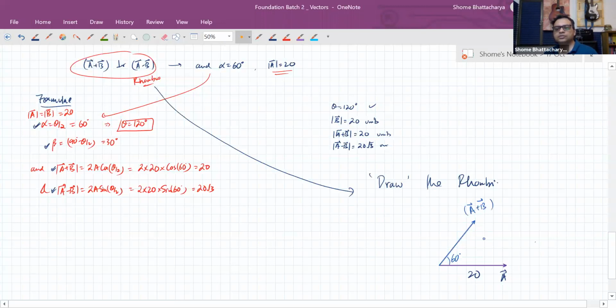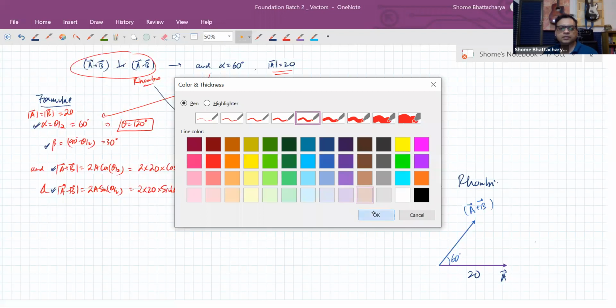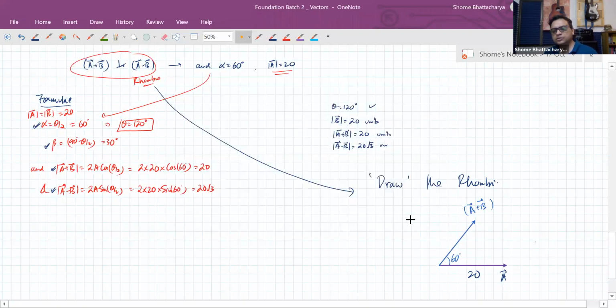On the other hand, the difference of the two vectors is perpendicular to it. That means you will realize that the other diagonal will be like this, cutting it perpendicularly. So it has to be a diagonal like this.